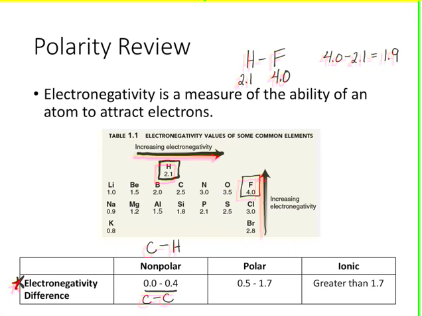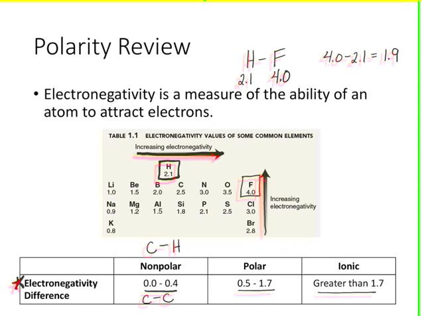Those differences are between 0 and 0.4. A polar bond will have an electronegativity difference between 0.5 and 1.7. And any difference greater than that is considered ionic.